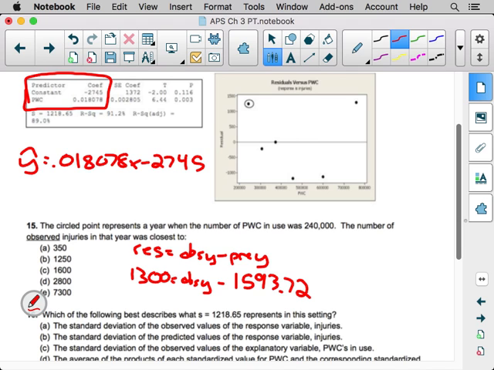That's what I'm looking for. Add it over. Yep, so I take 1300 and add it to the value that I just found. That gives me 2893.72. Again, keep in mind, this was an estimate. So which one feels reasonable, considering we know this is an estimated value? D. D feels reasonable.